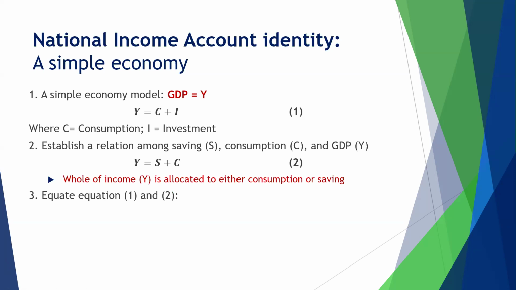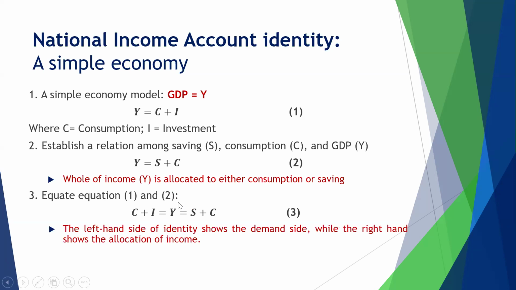So now we are on step 3. We are going to equate equations 1 and 2. Y is equivalent to C plus I, and this is equivalent to S plus C, or savings plus consumption.